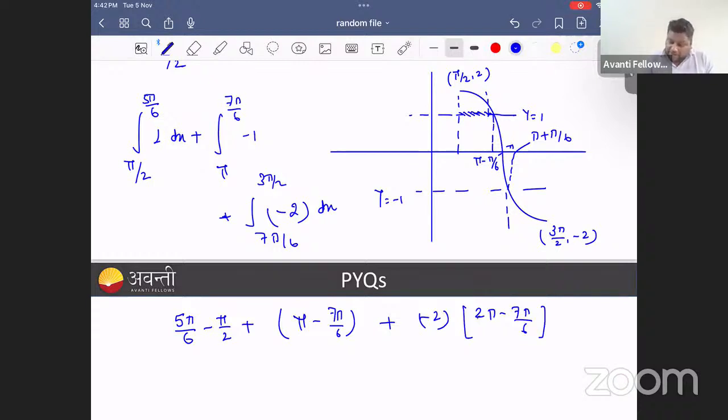So it will be 3 pi by 2 minus 7 pi by 6. Now I think you will be able to simplify it. Yes or no? Suraj? Yes, quick. Have a look.